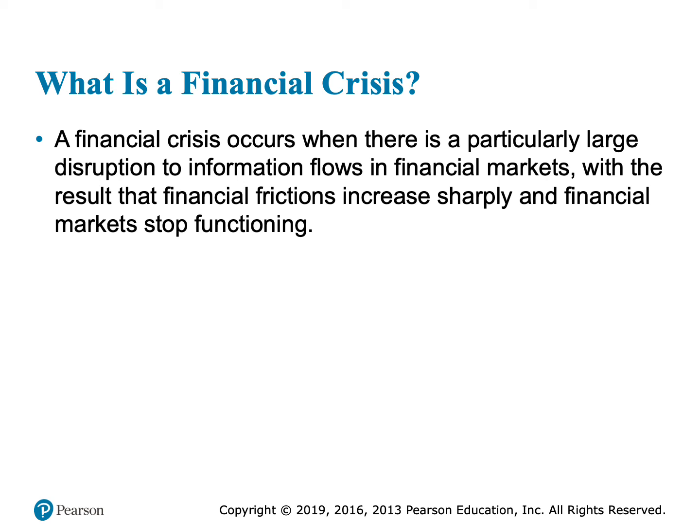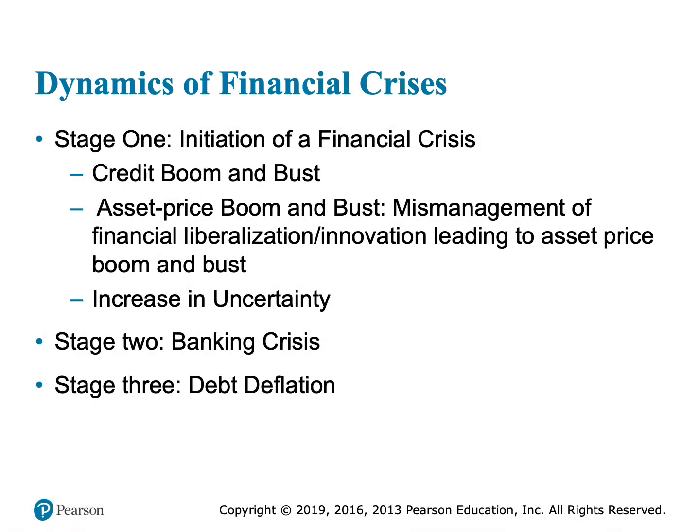A loss of provision of information leading to frictions that lead to a really seizing up of the lending and borrowing, buying and selling that keeps financial markets fluid. There are dynamics of financial crises. These things tend to spiral, if you will, in a vicious cycle until there are significant problems.